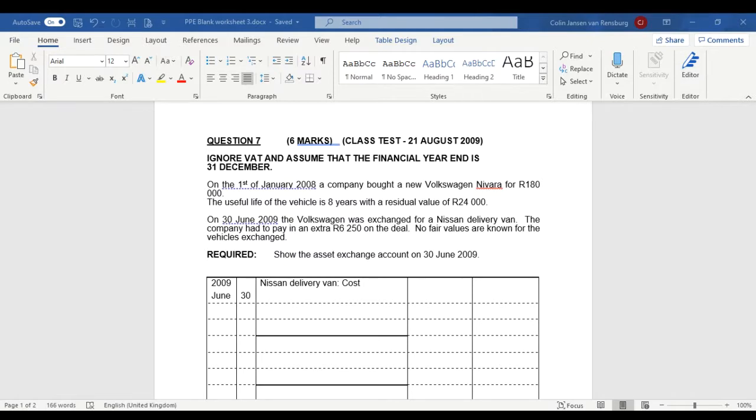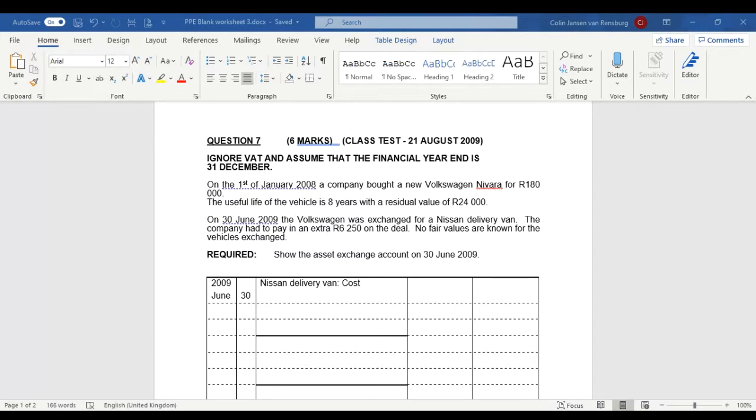Remember, the 180,000 is what we purchased it for initially on the 1st of January 2008. But where are we now? We are now on the 30th of June 2009. So we must now go and take the depreciation into account to determine what is the carrying amount.